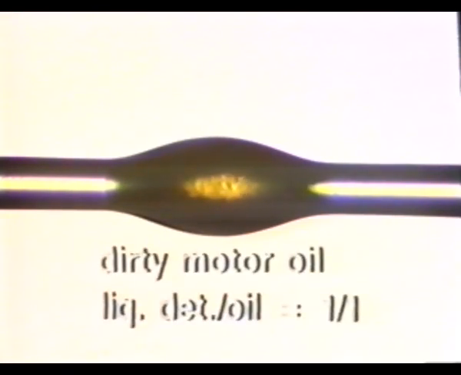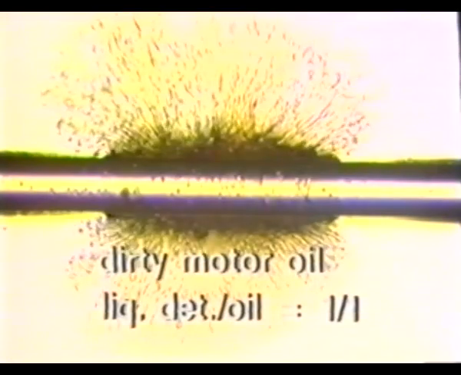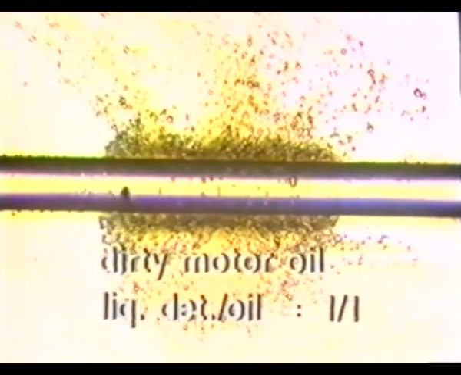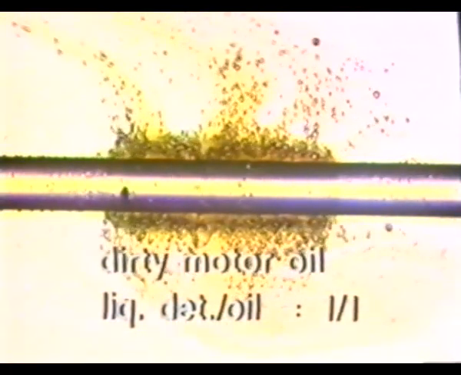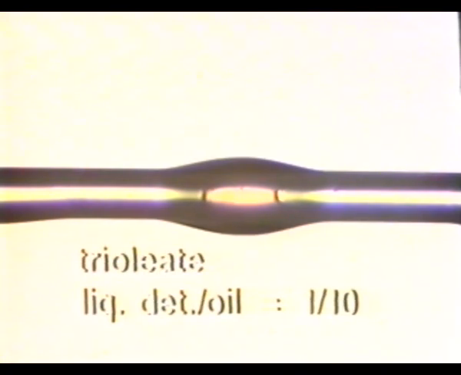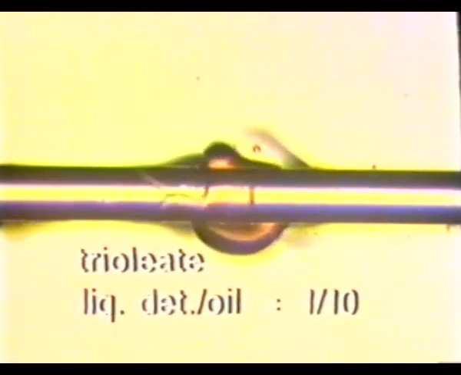However, when during pre-treatment this ratio is changed to 1 to 1 and the system is rinsed, the removal is easy and complete. The oil is emulsified in very small droplets, which can easily be rinsed out. The same can be observed with the edible fat trioleate.